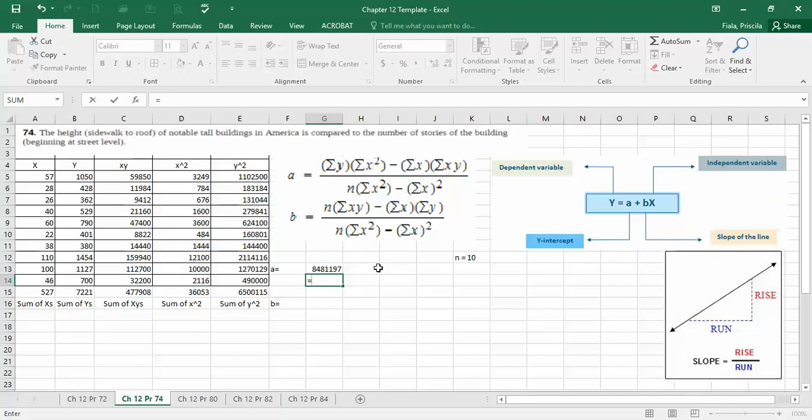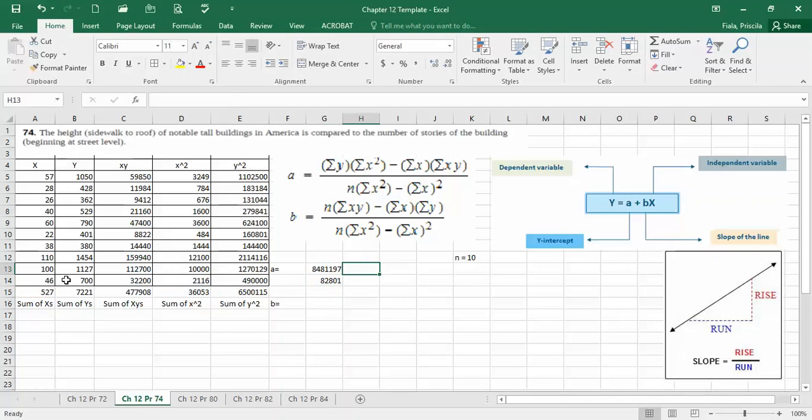So I have my number of variables, 10, times the sum of x squares, minus the sum of my x's and then square. Okay, I made this mistake before, so it's the sum of the x's and then square.